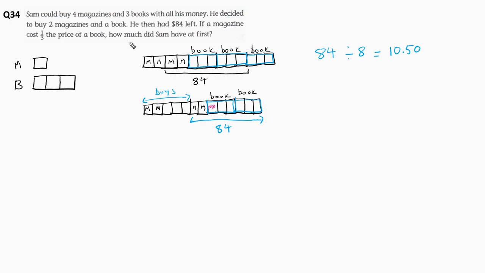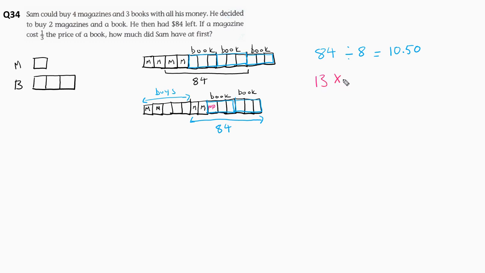Now, what are we asked? How much did Sam have at first? Well, that's all of these parts. So how many parts are there altogether? Well, we know that that is 8, 9, 10, 11, 12, 13 parts altogether. So there's 13 parts altogether.